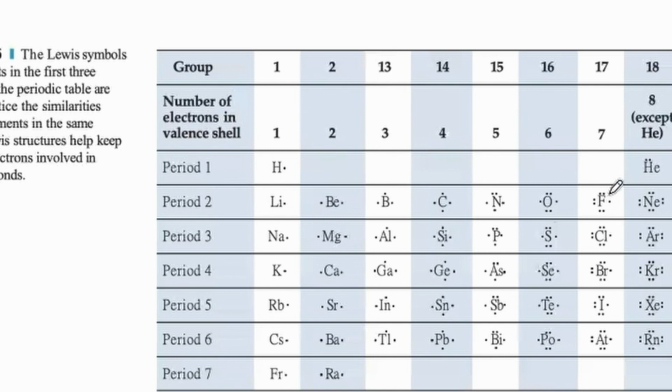So all the halogens, fluorine, chlorine, bromine, iodine, astatine, have 7 valence electrons. The exception is helium, which has 2 valence electrons, but all the noble gases have 8 valence electrons, and the gases are neon, argon, krypton, xenon, radon.